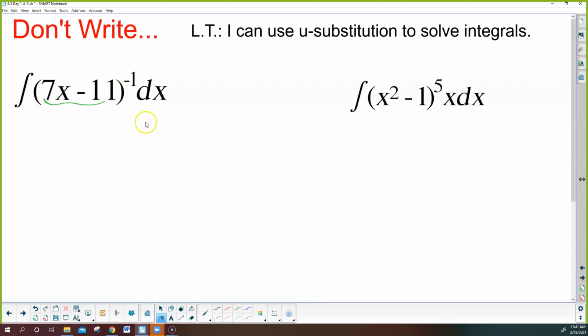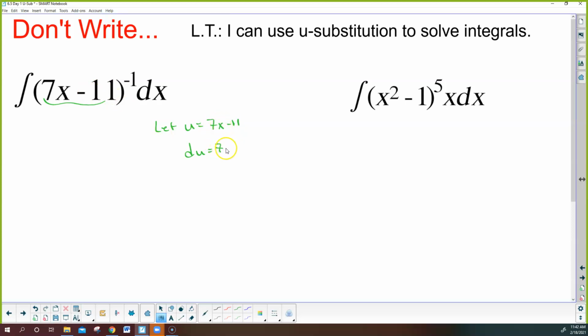Notice this is 7x minus 11 is the inner function. So that's why I'm choosing this. And then notice what happens. If you ever have a minus 11, that's a constant. And when I take the derivative of that, that constant's going to go away.